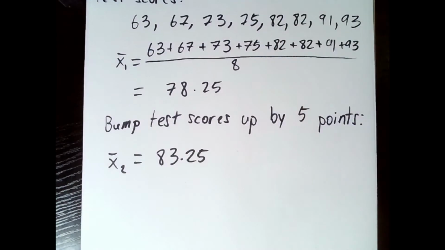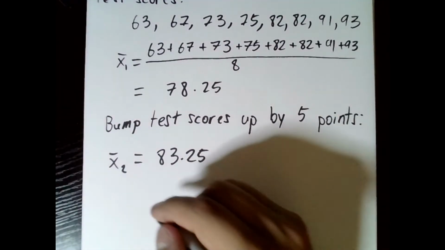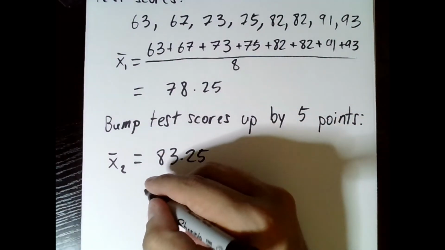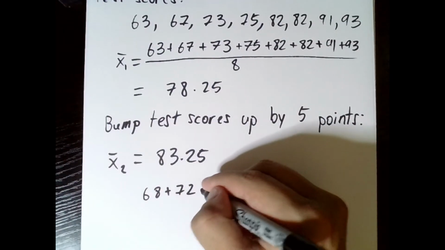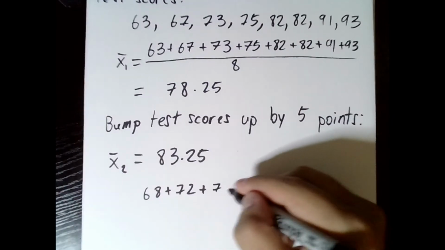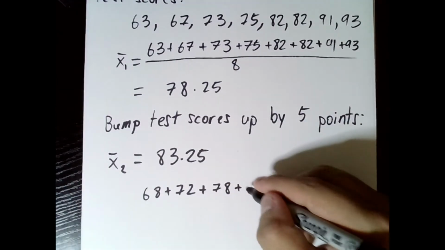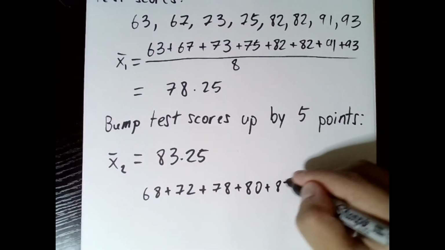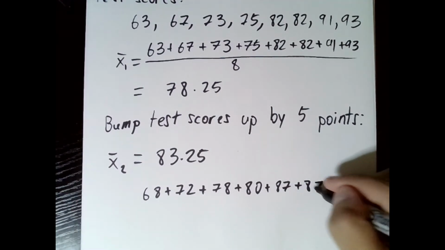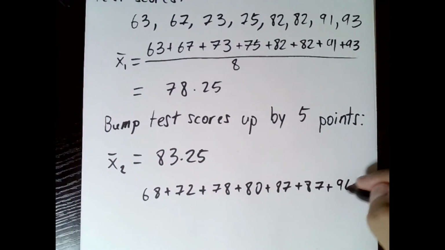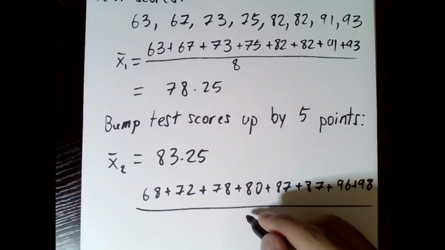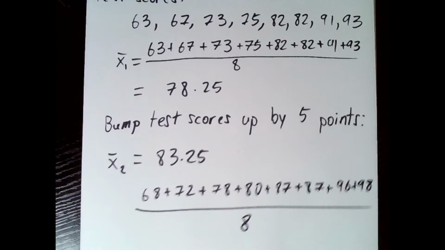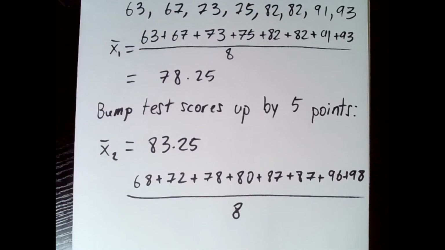If we take all of these terms, I'm just going to add 5 to all of them. So we'll have 68, 72, 78, 80, 87, 87, 96, and 98. Divide all of these by 8, obviously. You can verify this, and I'll do it with you.